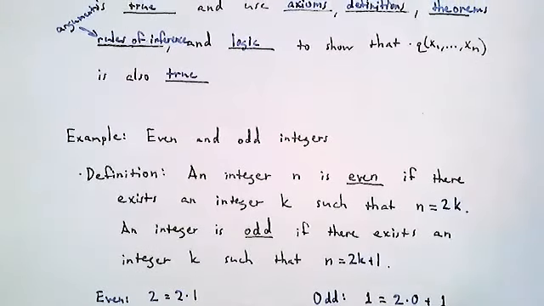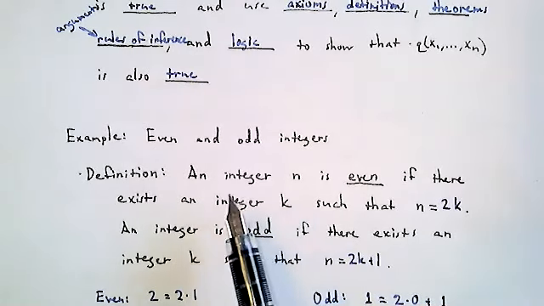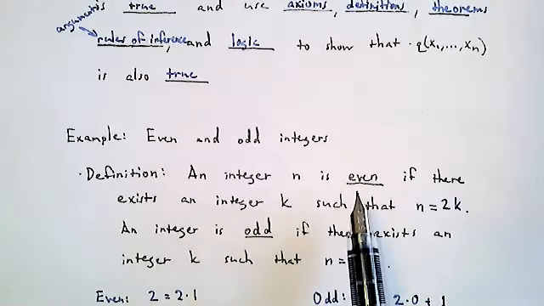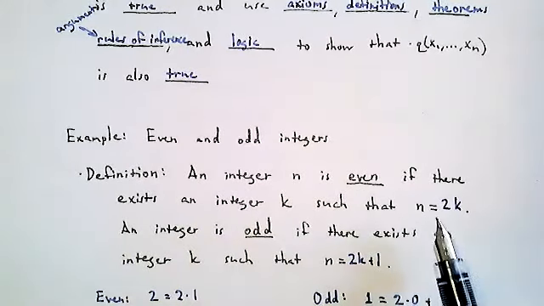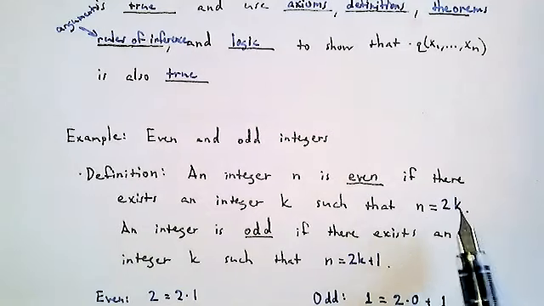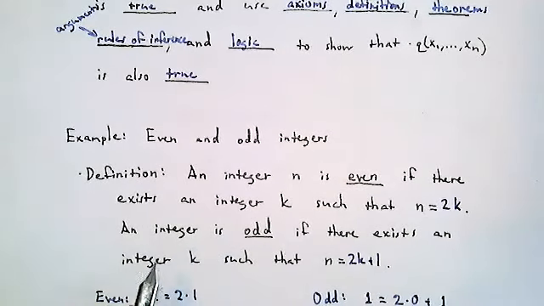Then maybe we should talk about the actual example of a proof that we did for even and odd numbers. And the concrete mathematical definition of an even number looks like this. An integer n is even if there exists another integer k such that n equals 2 times k. And the odd definition looks like this. An integer n is odd if there exists an integer k such that n is equal to 2k plus 1.